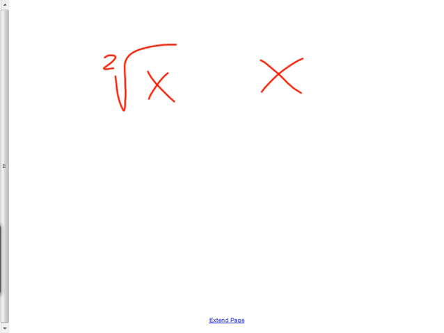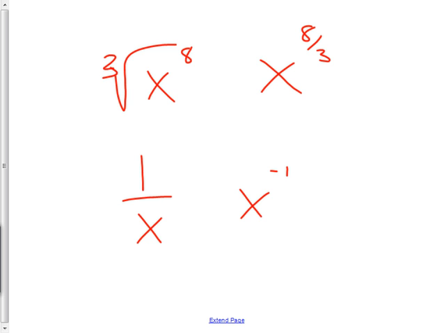To the 1/2. You are correct. Does that ring a bell? Square roots would be like a 1/2 power. What if this is a 3? Then it's to the 1/3. Do you remember how if I put like an 8 here, that means x to the 8/3? Notice the root's still on the bottom. And do you remember if I had 1 over x, I could write that as x to the -1? Remember that?